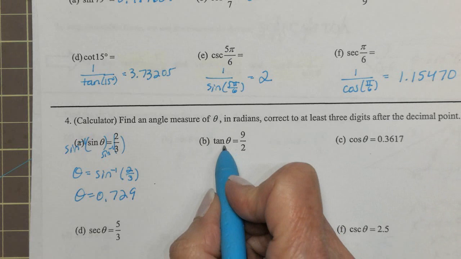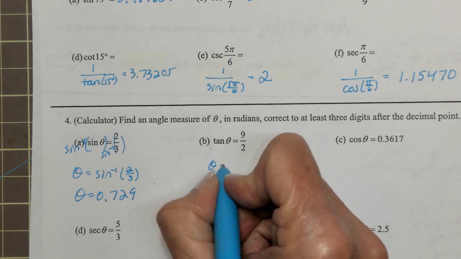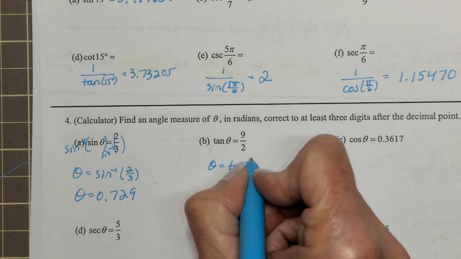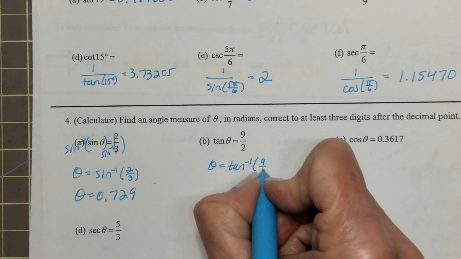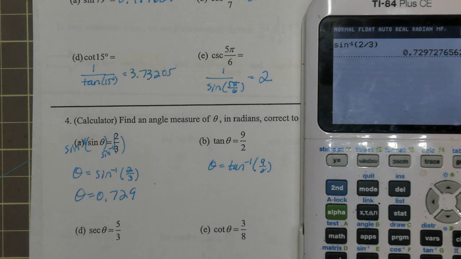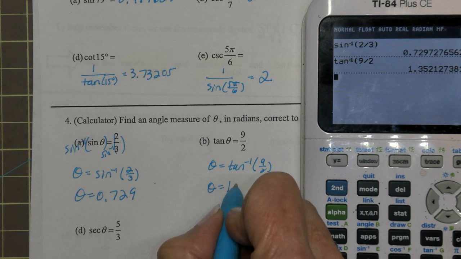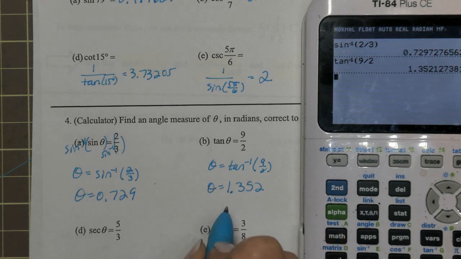Okay. Tangent of theta is 9 over 2. Therefore, theta is tangent inverse of 9 over 2, which is 1.352. These are in radians.